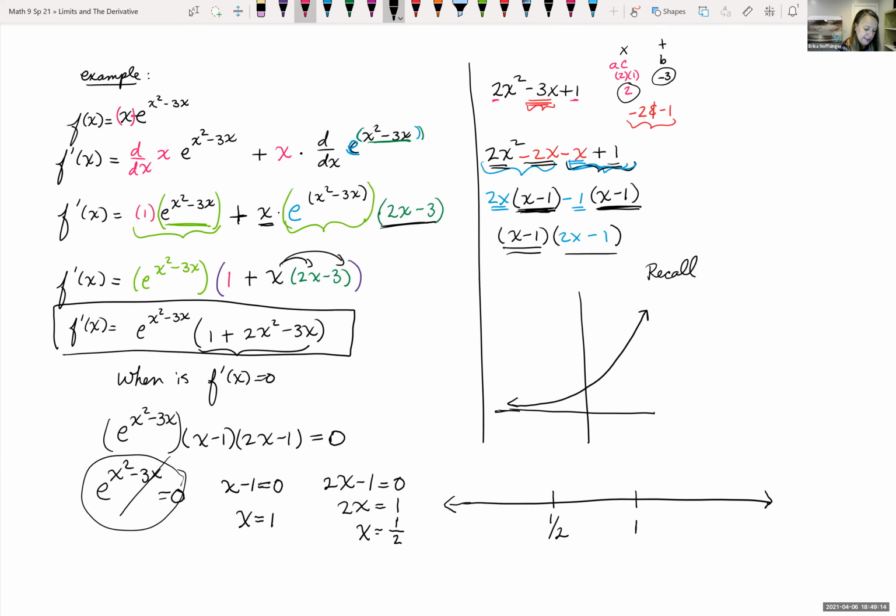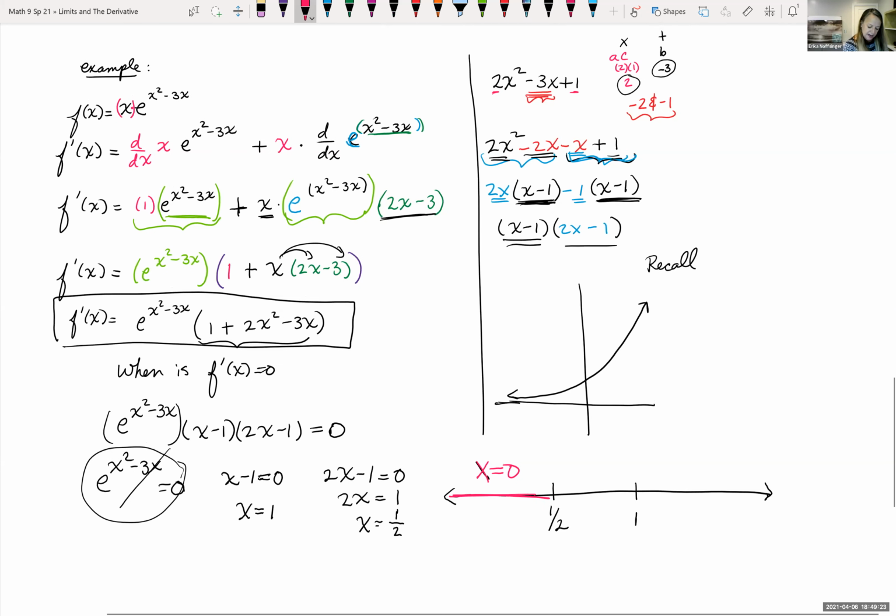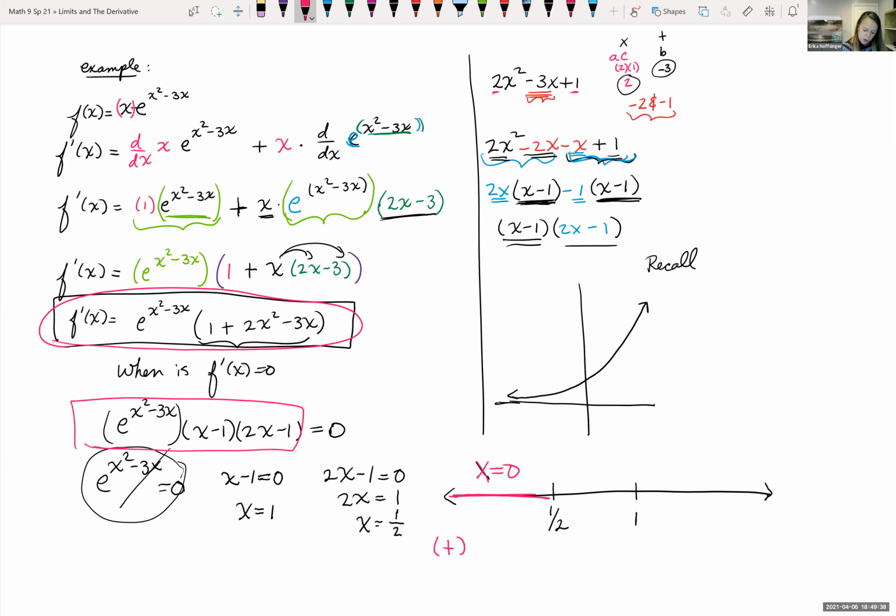So let's look at x equals 0. That is a number that is smaller than 1/2. If you plug in 0 here, e raised to the 0 is 1, which is a positive number. Let's plug it into this piece: 0 minus 1 is a negative number, and 2 times 0 minus 1 is a negative number.